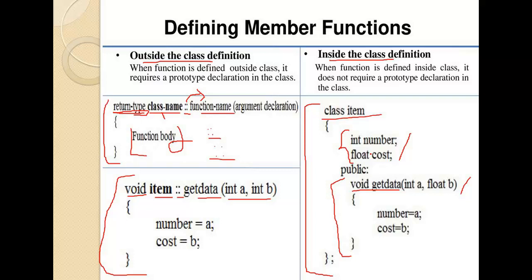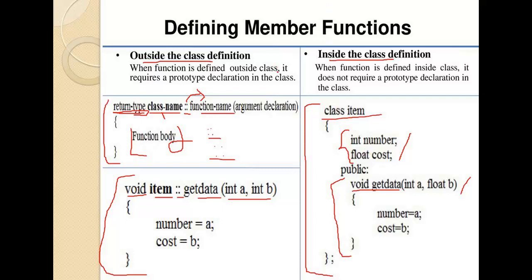How are we classifying the two types? Based on the place where we are defining the member function. If I define the member function inside the class declaration part, it is called defining the member function inside the class declaration. If I define it outside the class declaration part, it is called defining the member function outside the class declaration, right?